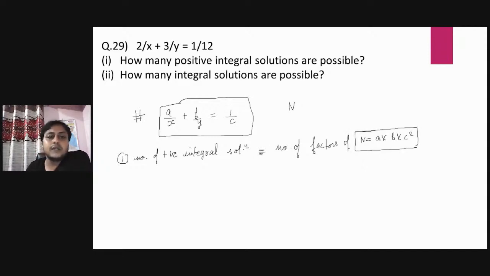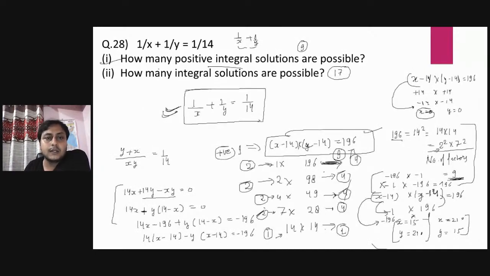So guys, the number of positive integral solutions equals the number of factors of n equals a into b into c square. Basically in this question, a is 2, b is 3 and c is 12, right?